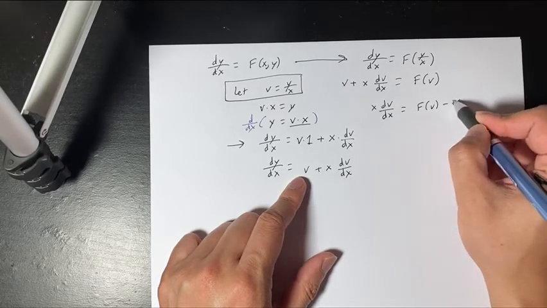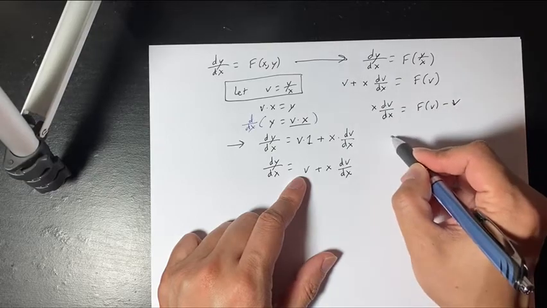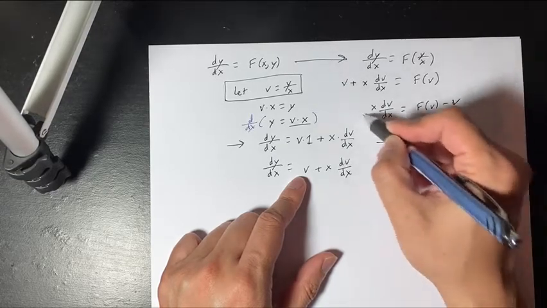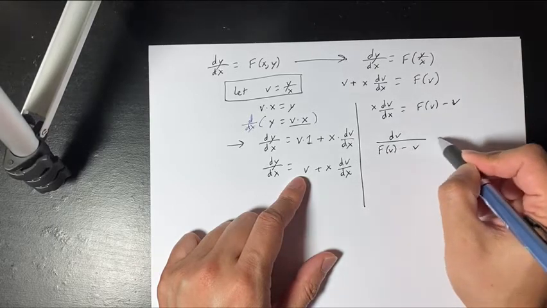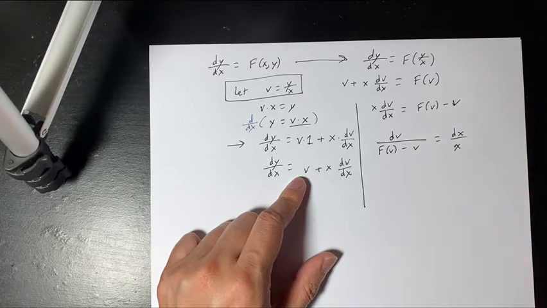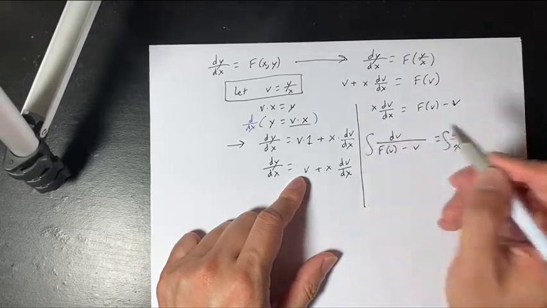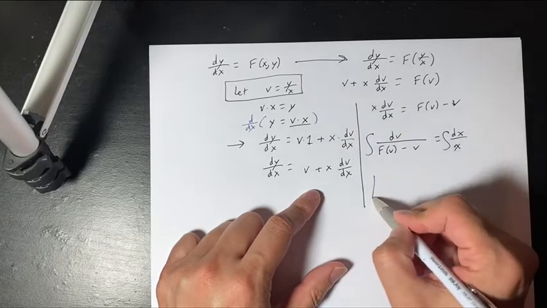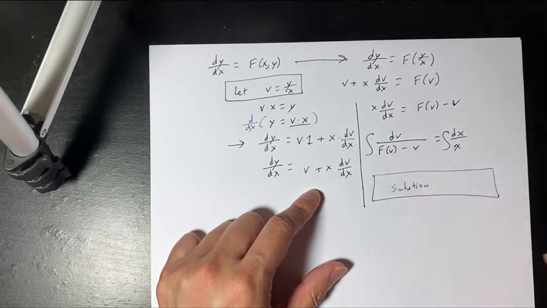This here is all in terms of v. This is x dx. So I can separate the v to one side, separate the x to the other side, integrate with respect to x, integrate with respect to v, and you get yourself the solution.